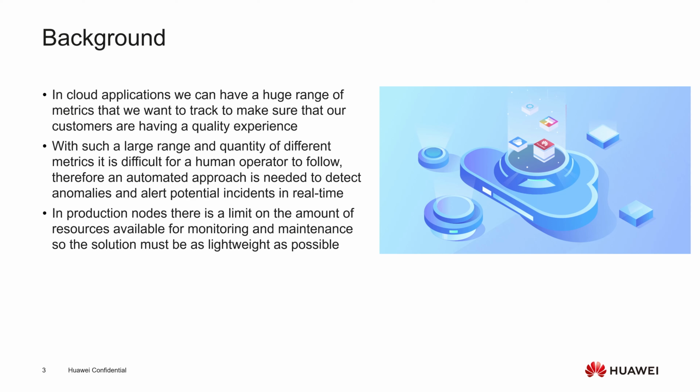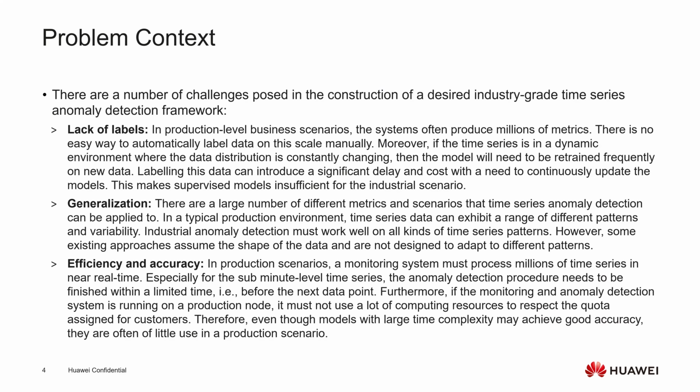And finally, one of the additional contexts we have for this problem is that in production nodes, there's a limit in the amount of resources available for monitoring and maintenance, so the solution must be as lightweight as possible. It's obviously no good having a monitoring and prediction approach that uses too much of the resources, even if it is incredibly accurate, because you're taking away from the actual user who you want to be making the most of this production node.